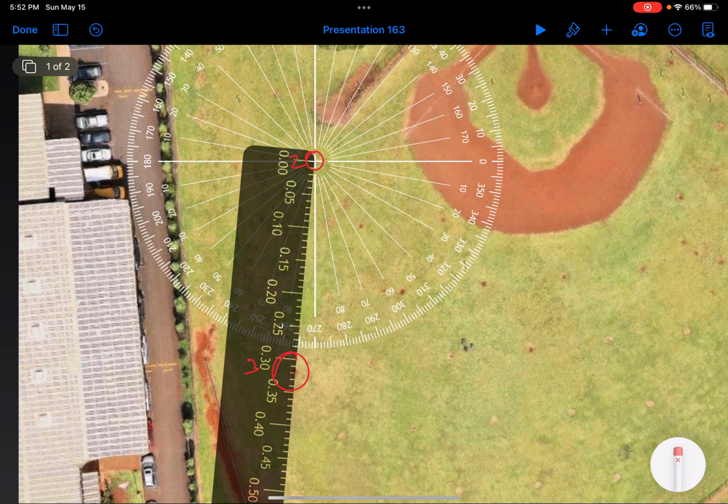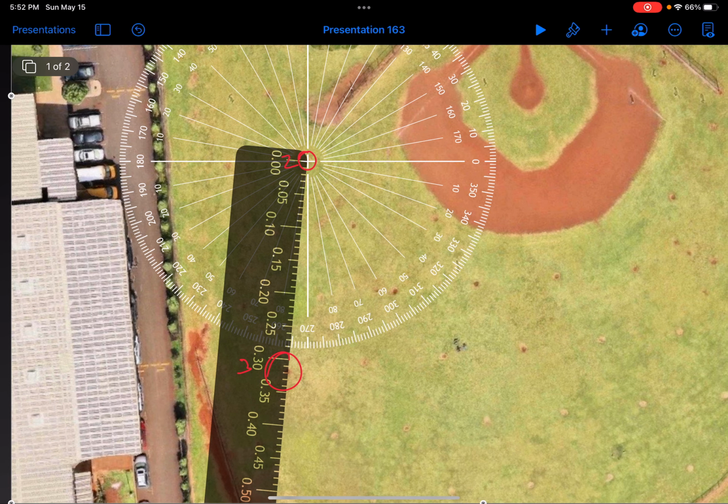What's the direction here? So we got a magnitude, that is a distance of 32 meters. What is our direction? Now keep in mind this edge of the ruler is really the direction line. But since it's in this quadrant right here, we've got west here, we've got south. It's going to be south of west, right? And so here's where west starts, 0, 10, 20, 30, 40, 50, 60, 70, 80, right about there.